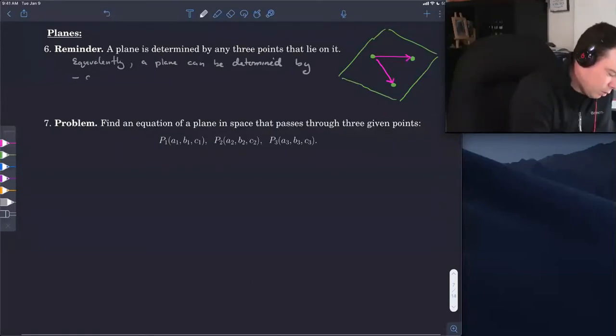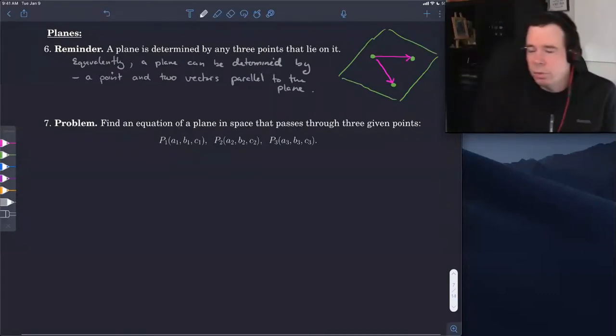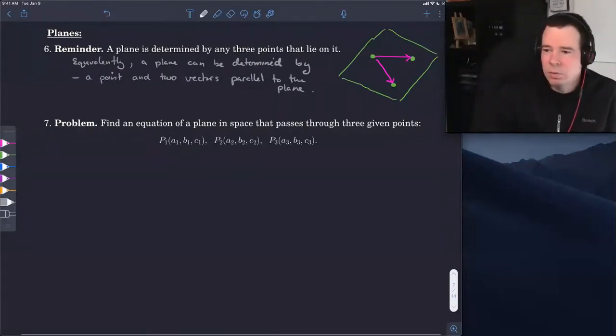So a plane is determined by a point and two vectors parallel to the plane. So that's another way we could describe a plane. We could describe it by using a point and two vectors that are parallel to it.